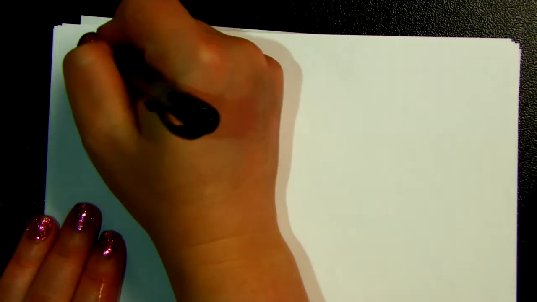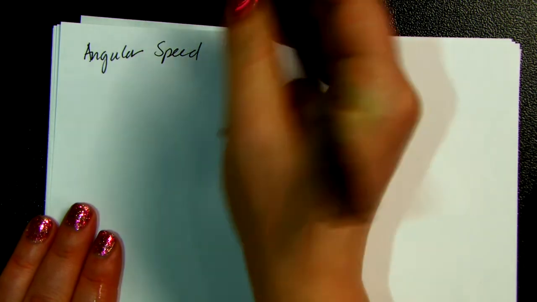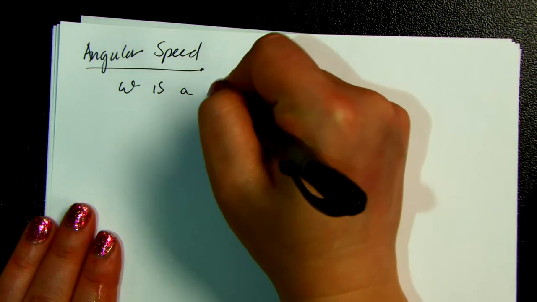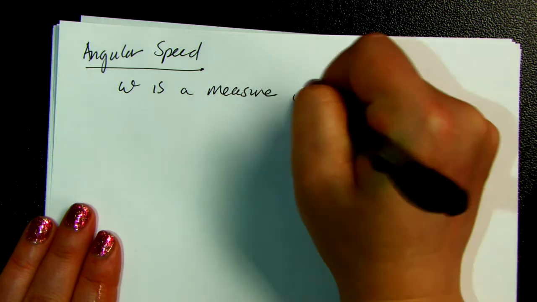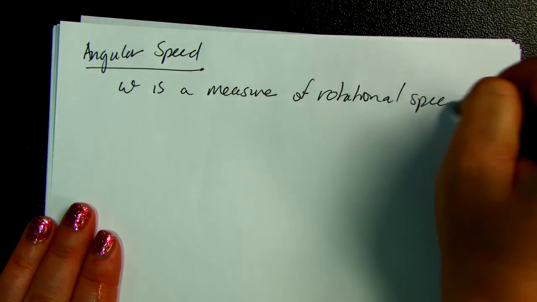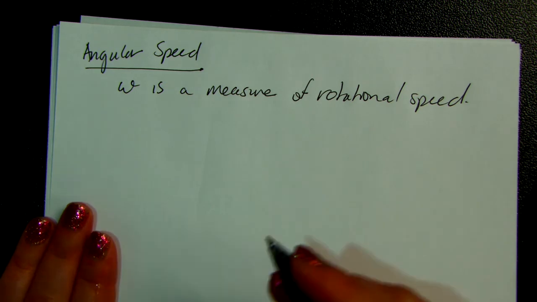Building on this, angular speed omega is a measure of rotational speed. Basically, how fast is it going around? Right round, baby, right round.